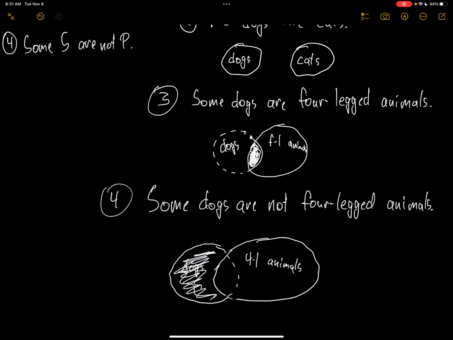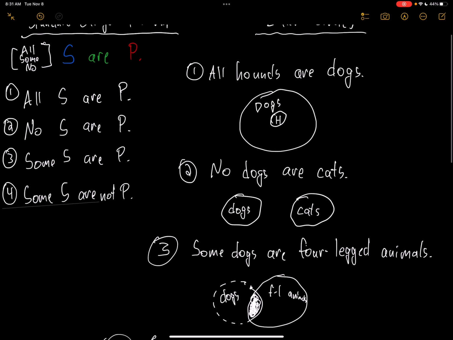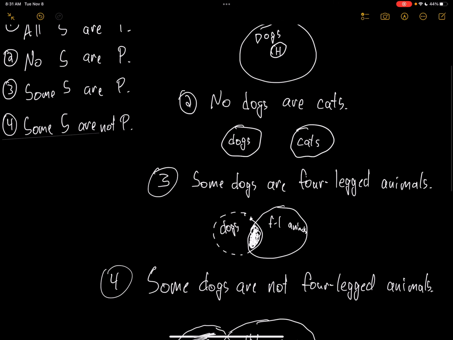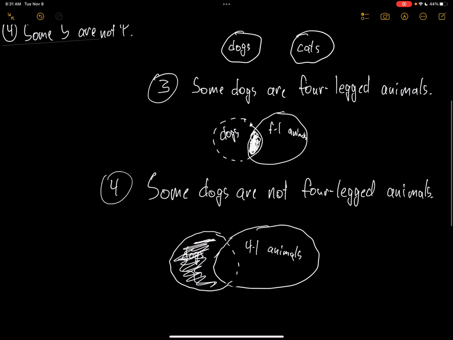So given these 4 tools, this way that we can illustrate universal affirmative statements by putting the circle of the subject inside the circle of the predicate, that we can do universal negative statements by creating 2 separate circles, and then our 2 particular statements by making Venn diagram figures, but just altering which section we create dashed lines.